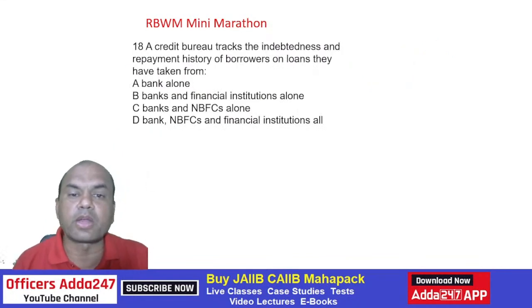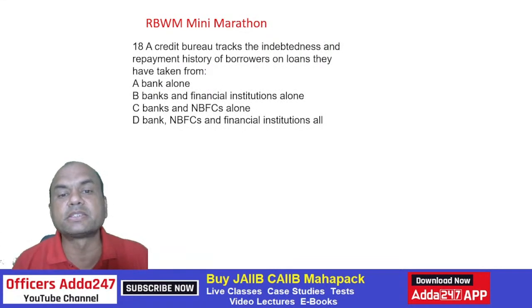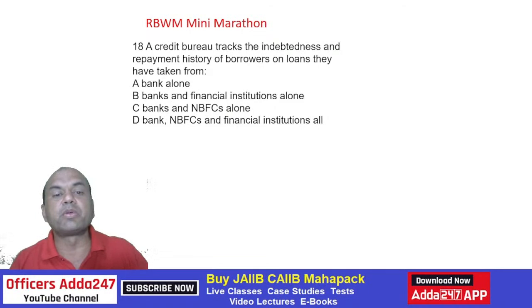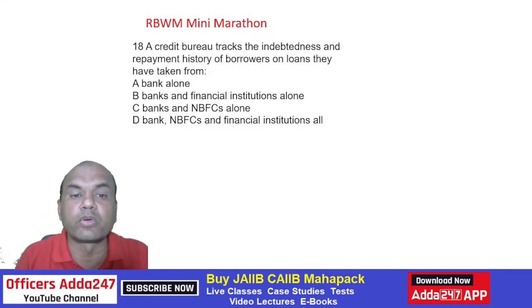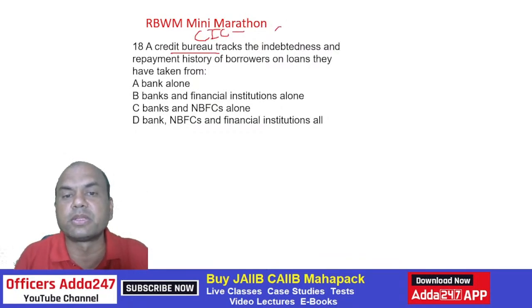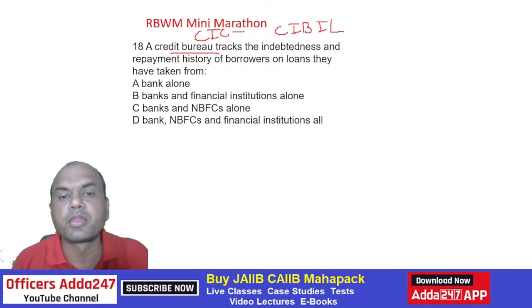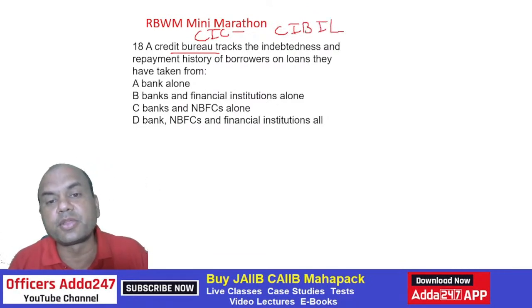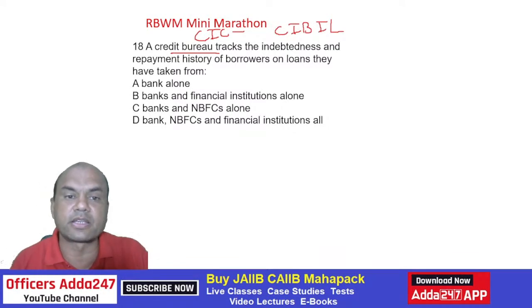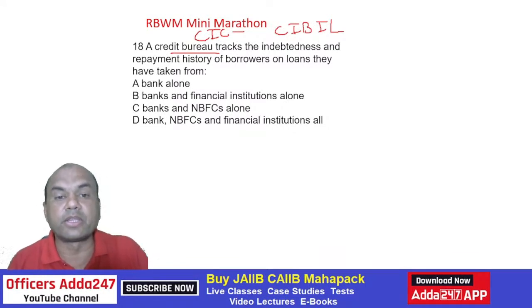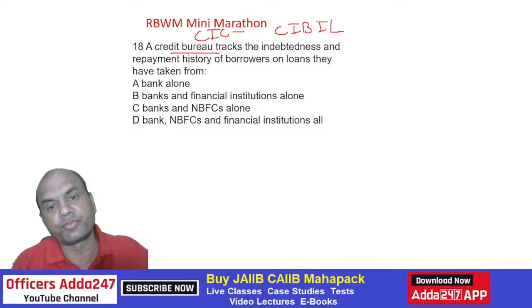A credit bureau tracks indebtedness and repayment history of the borrowers on the loans they have taken from. So what does credit bureau mean? We are talking of CIC, CIBIL. CIBIL tracks the indebtedness. Indebtedness means how much loan this customer has taken, and repayment history means whether the repayment is okay or not.